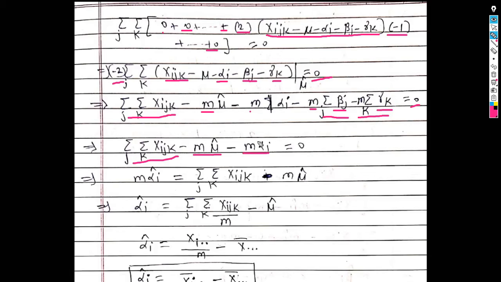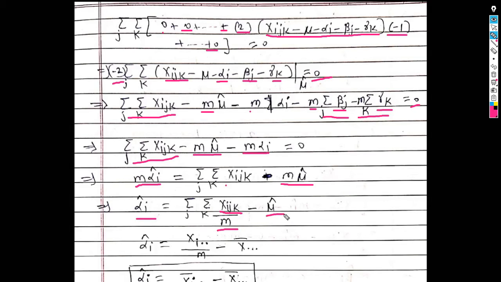Now we want to estimate alpha i. So here we consider m into alpha i hat equals the summation of xijk minus m into mu hat. Now divide by m throughout. So the next step is alpha i hat equals the summation of xijk upon m, minus, this m and this m get cancelled, so the remaining term is mu hat.